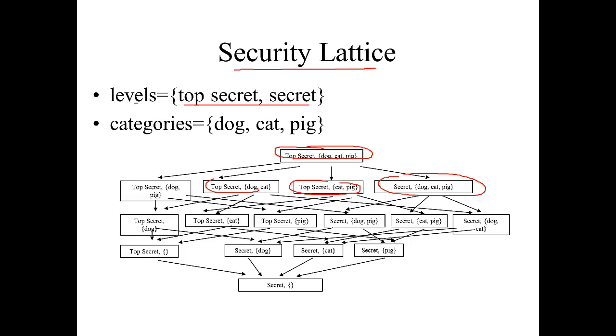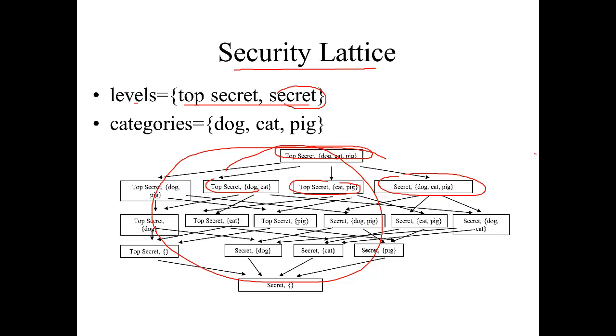So top security dog and pig, then decompose it again. So top security with dog, top security with cat, top security with pig. Okay, that's composed in these two. Then this one will be top security empty. Okay, then you go to the security level, do the same thing. You will get a more complex diagram.